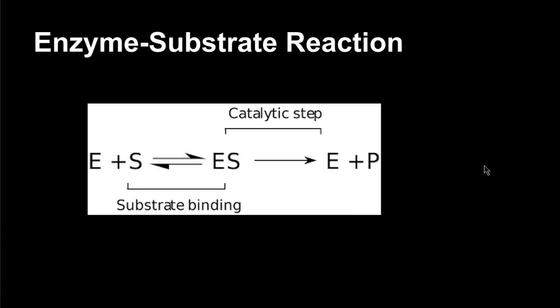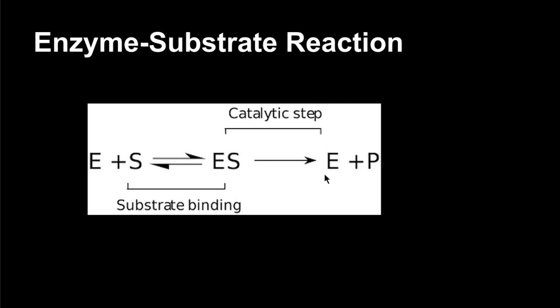And so let's take a step back now and look at the enzyme substrate reaction. So E, enzyme, plus S, substrate, undergoes a reversible reaction in which you form this enzyme substrate complex. Okay, and that enzyme substrate complex then would technically undergo an irreversible reaction with enzyme plus product.